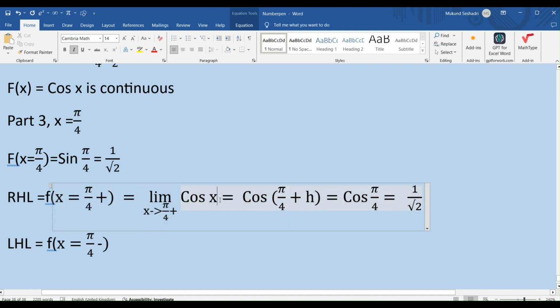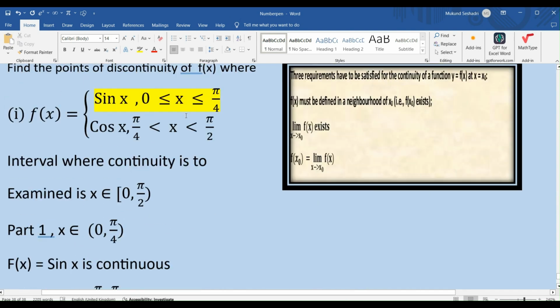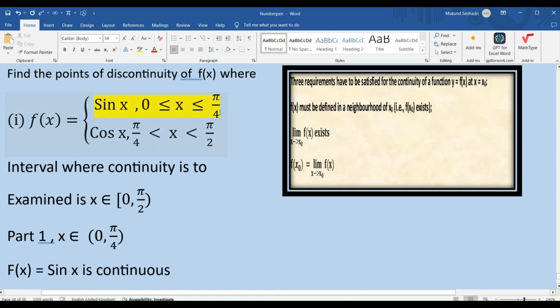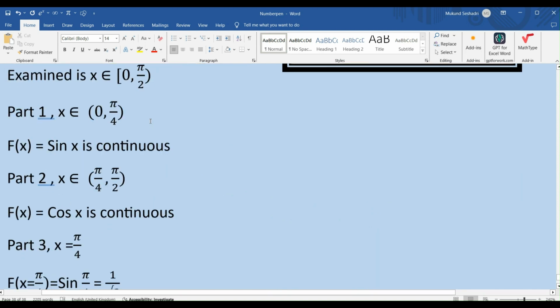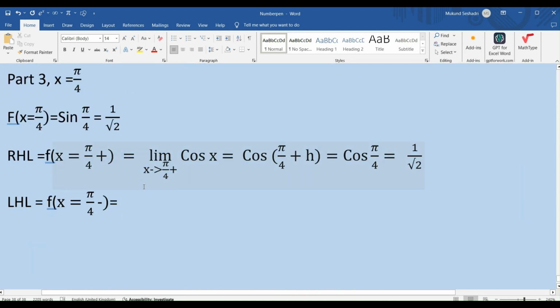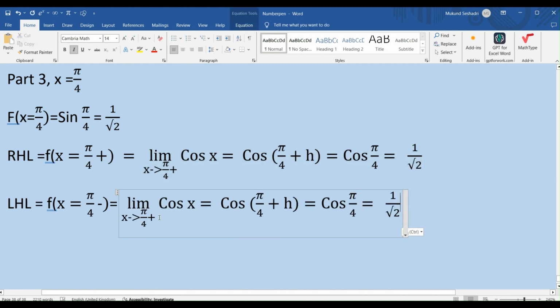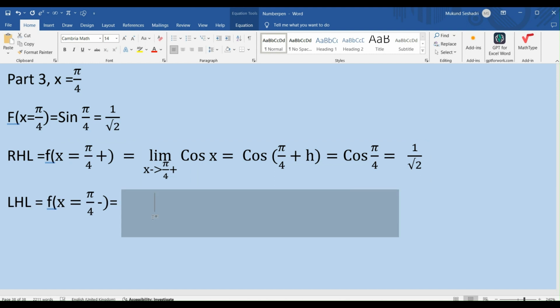And for values lesser than pi by 4, I know that my function is taking sine x, right? That's because of this particular equation. So when x is lesser than pi by 4, I have my f of x equals sine x. So I picked this up and I'm going to rewrite this. I'm going to copy this, but you're going to watch me change this as I go about.